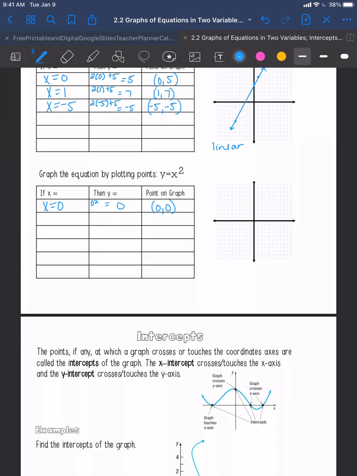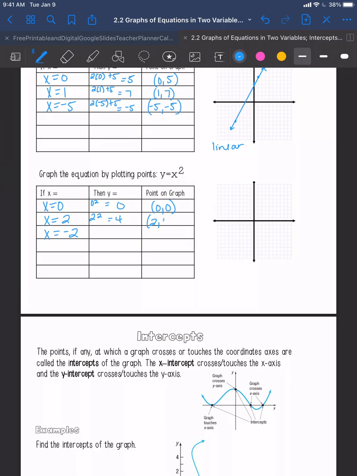When you're plotting points to graph parabolas, you want to plot where it turns, and you also want to plot a point on each side of that. So since x equals 0 is where it turns, we're going to try when x equals negative 2 and positive 2. So this would be 2 squared, which is 4.